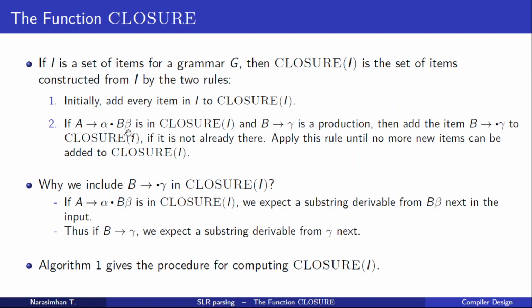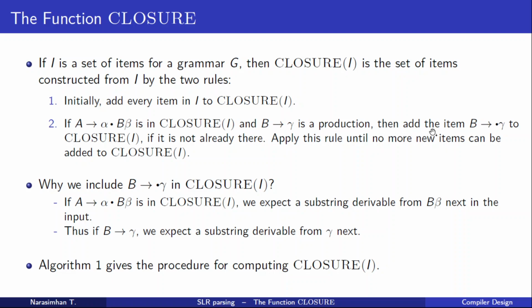So that means if B gives gamma is the production, you are expecting a substring derivable from gamma. Why? Because we are expecting a substring derivable from B beta. So if you are having a production B gives gamma, B is to the right of dot, right? So that means if B gives gamma is the production, then you are expecting a substring derivable from gamma.